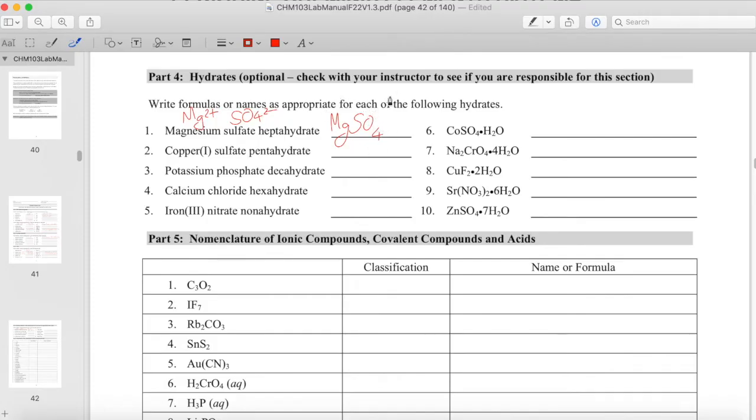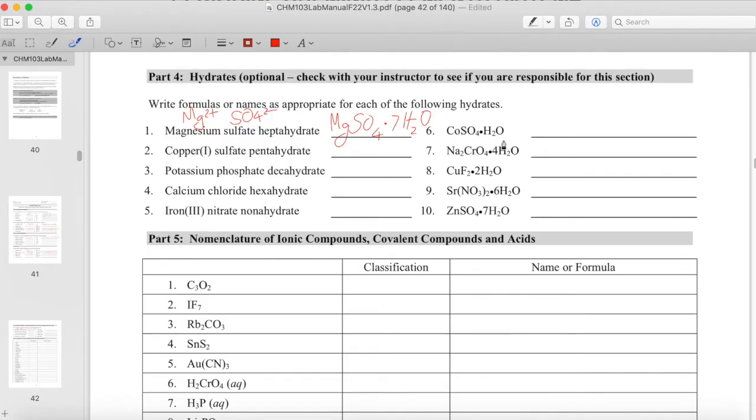So you've got to get used to recognizing those polyatomic ions with more than one nonmetal. Anyway, the hepta part, like I mentioned, means that there are 7 waters. So we put a dot here and we put 7 H2O, and that's the formula of magnesium sulfate heptahydrate.